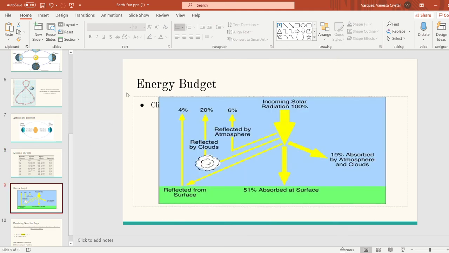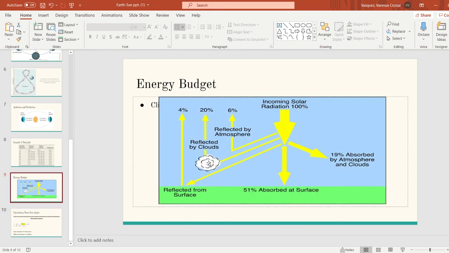So we have the solar energy budget. This diagram shows that the Earth receives 100% incoming solar radiation, but this solar radiation is either absorbed or reflected by the Earth's atmosphere or the surface. 51% is absorbed at the surface, the total energy that is reflected is 30%, and 19% is absorbed by the atmosphere and clouds.